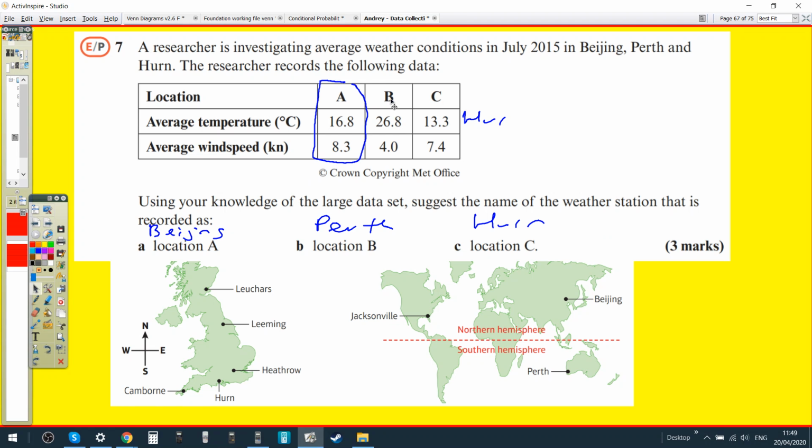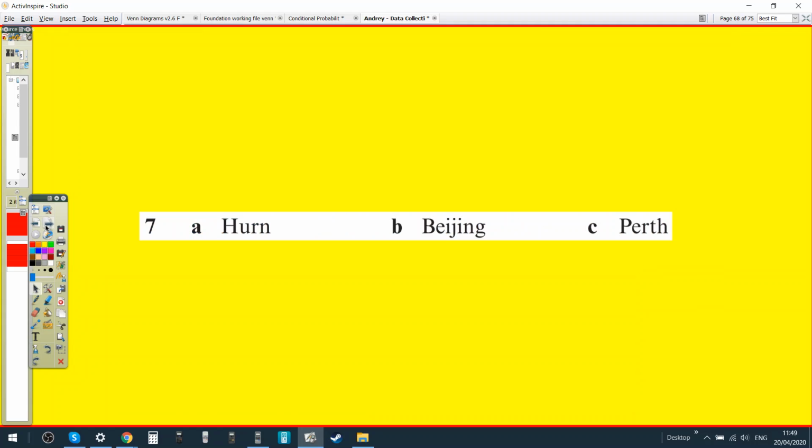Beijing is B. Beijing is hot because it's. So, Beijing is there. You would think so. That's nearly the North Pole. Perth. Is this even to scale? Yeah, let's hope that one doesn't come up.